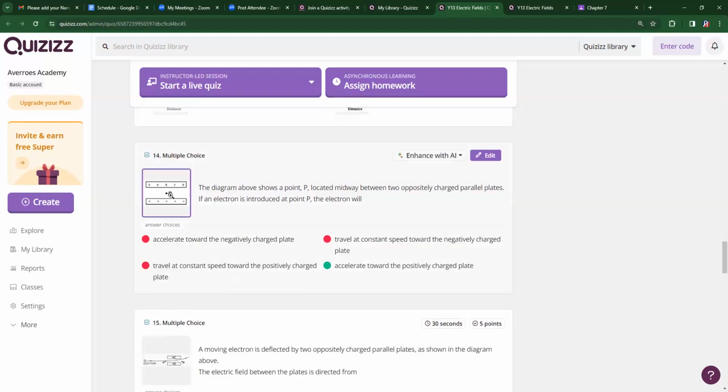If you have some point P between two parallel plates, positive on the top, negative on the bottom, what will happen to that electron? So electron has negative charge. So electron will be moving towards the oppositely charged plate, the positive plate on the top.